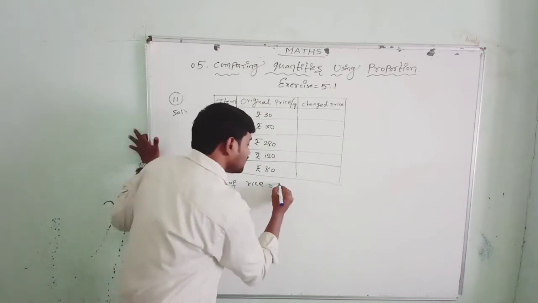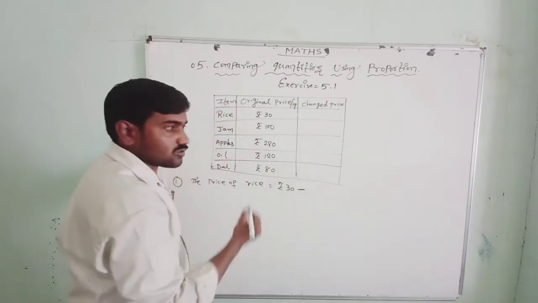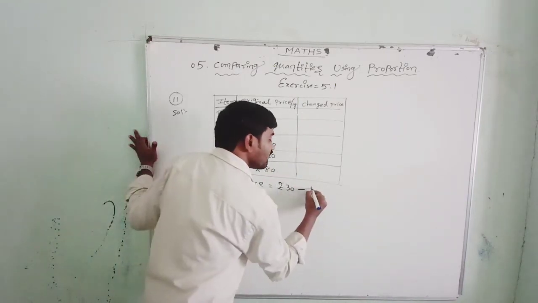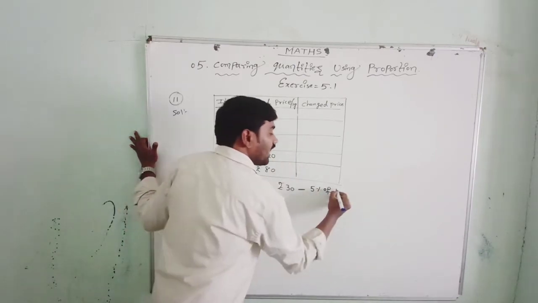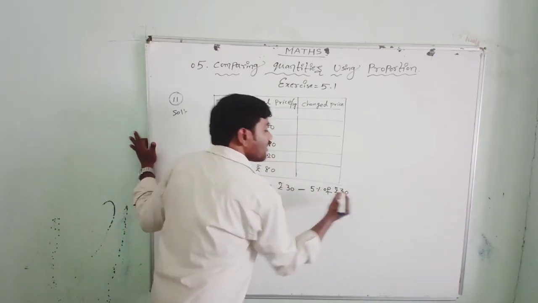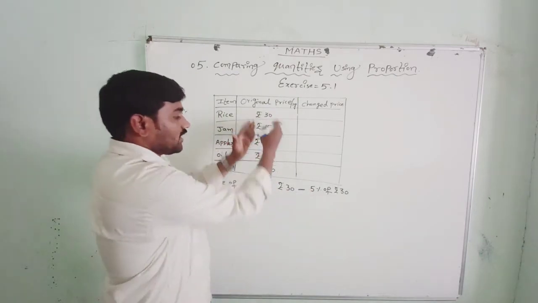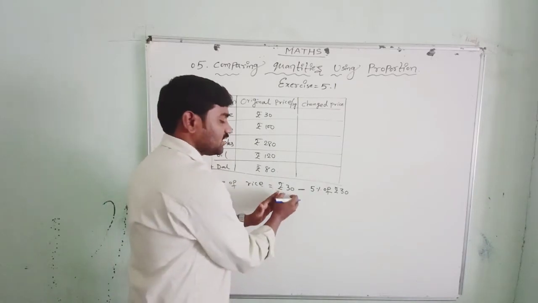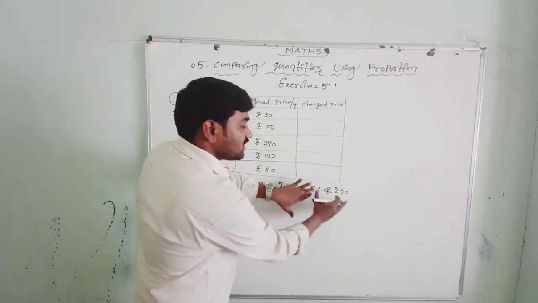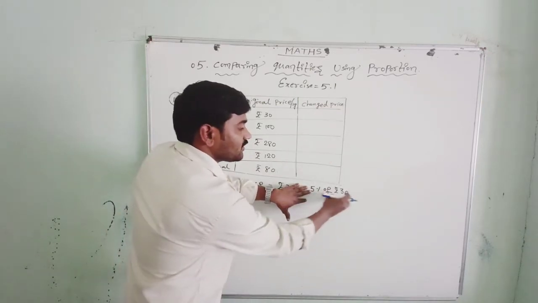So we write 30 rupees minus the decreased amount. On rupees 30 only, 5% is decreased. Total amount minus decreased amount: the total amount is 30 rupees, and from this we have to decrease 5% of 30 rupees.